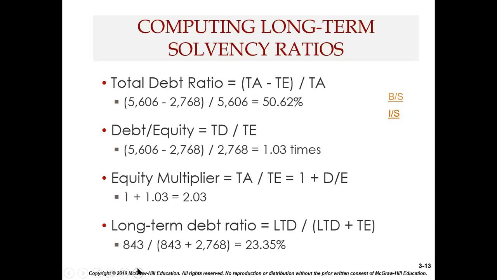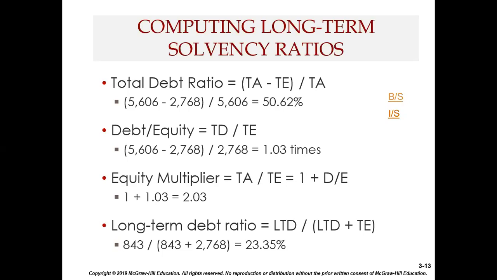And that is telling us we're just comparing our debt levels to our equity levels. So 5606 minus 2768. So our debt is at 2838. We divide that by 2768. So our debt is 1.03 times more than our equity.